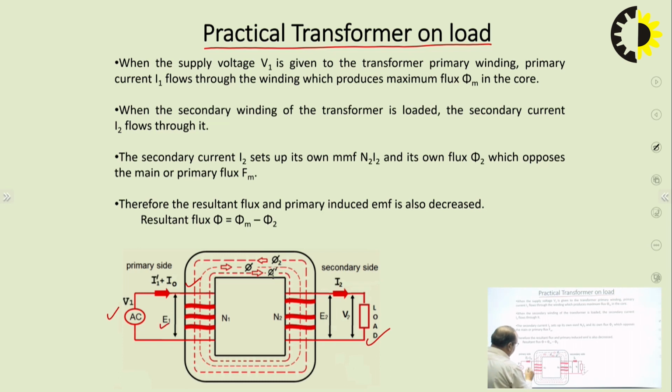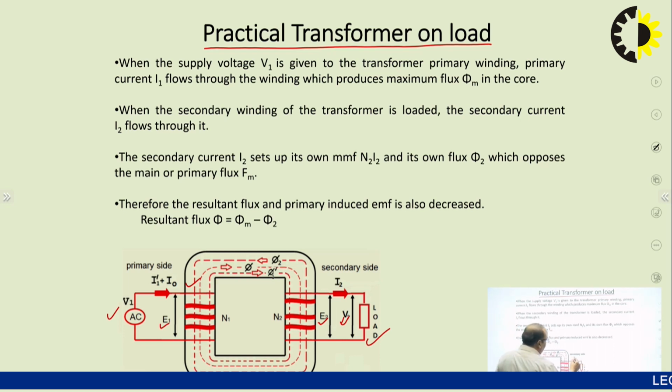E1 is the induced EMF in the primary, E2 is the induced EMF in the secondary, and V2 is the terminal voltage across the secondary, also known as the load voltage since the load is connected across the secondary terminals. I2 is the secondary current. Primary current will now be I0, the no load primary current, plus I1 dash. I1 dash is known as the load component of primary current.